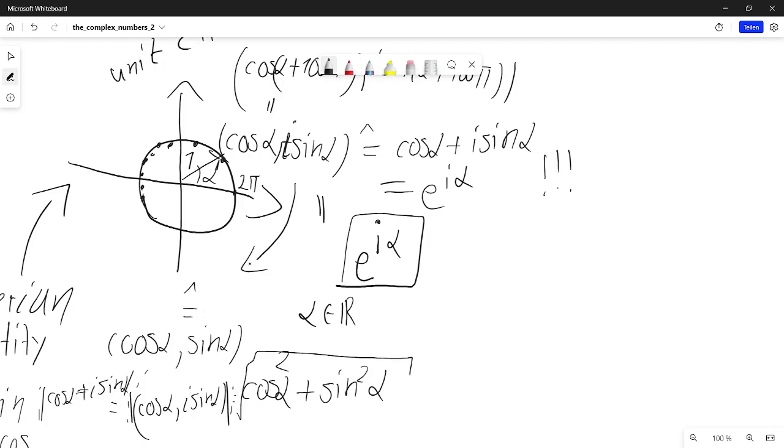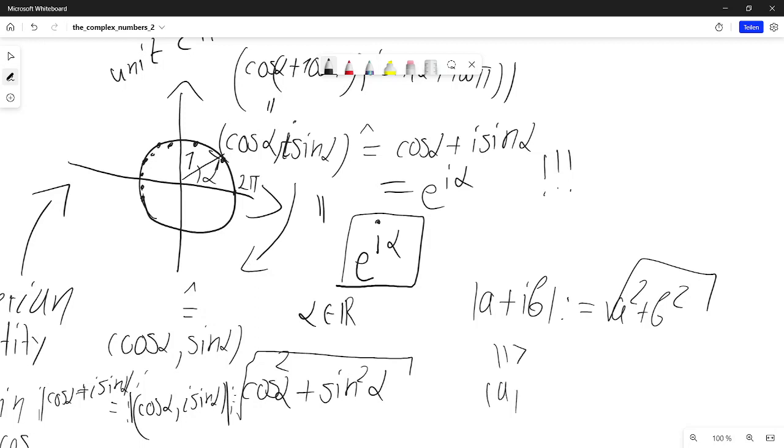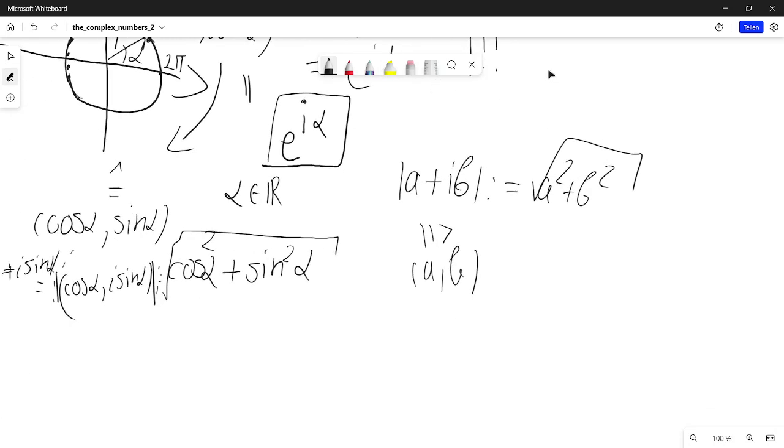Just define for that, and we could of course also say plus b, define a squared plus b squared, and that is because that is the same point, and for that we already know how the distance works.